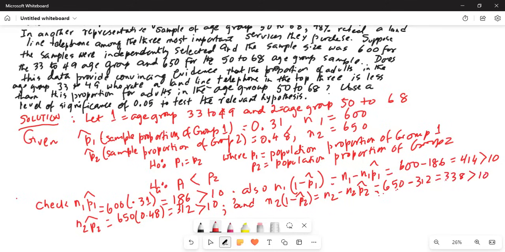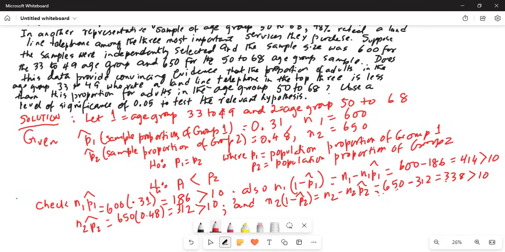So these tell us that the probability distribution of P1 hat and P2 hat can both be assumed to be normal. Hence, the difference of the two sample proportions, P1 hat minus P2 hat, is also bell-shaped.